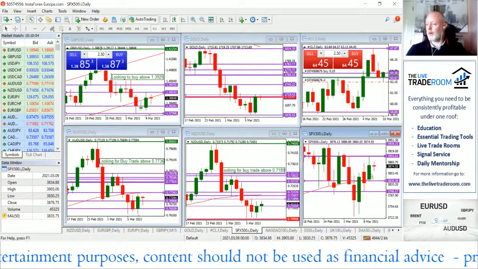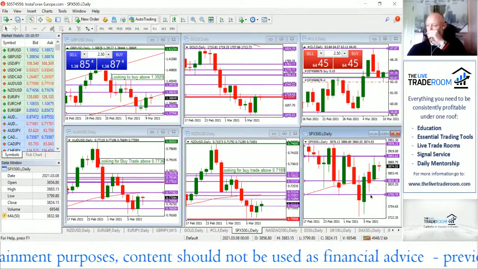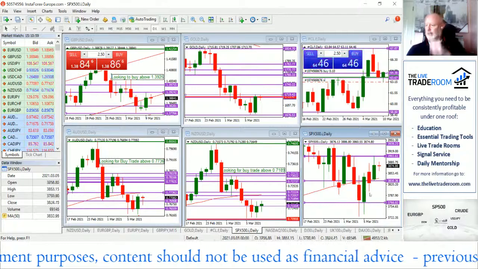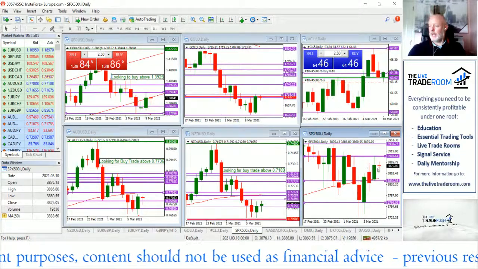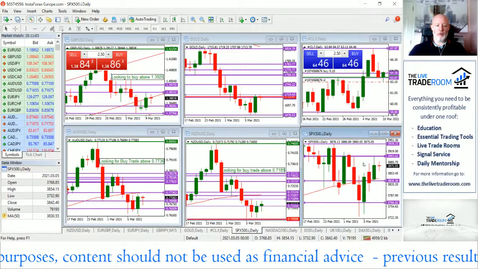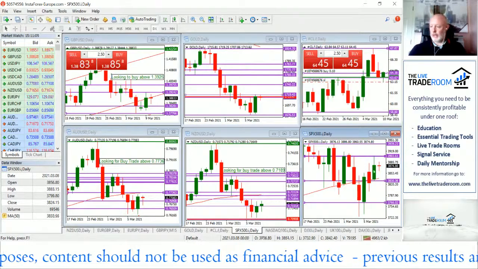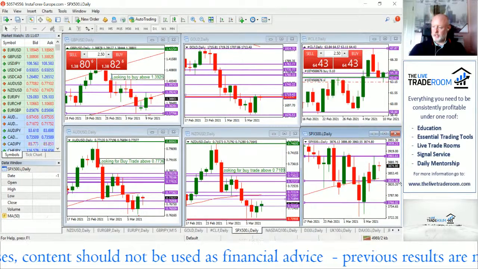So we're firmly trading inside yesterday's highs and lows, and very little momentum or volatility in these trades. So there's no real trades at the moment.